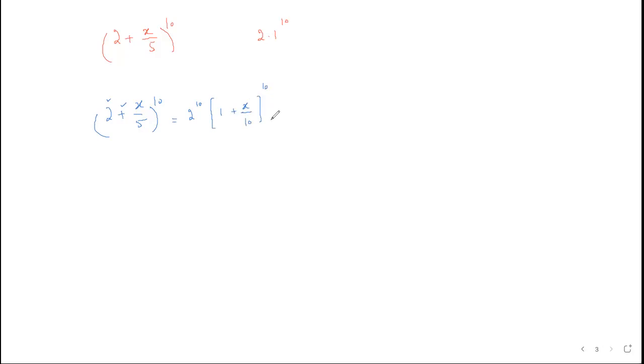Now our situation will be quite easy, and we can solve it in the following way. The 2 power 10 is common, and then we will have 1 plus, and all terms will be plus. The first term is 10 factorial divided by 9 factorial, times x divided by 10.